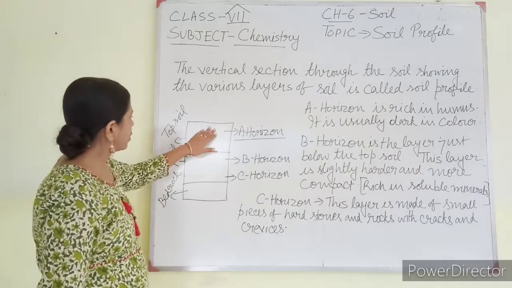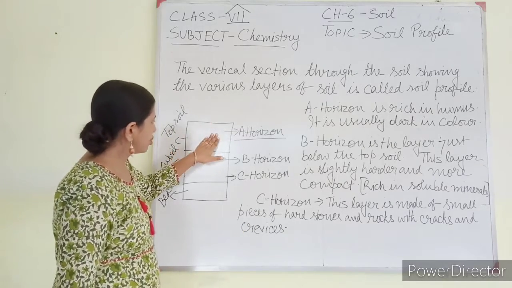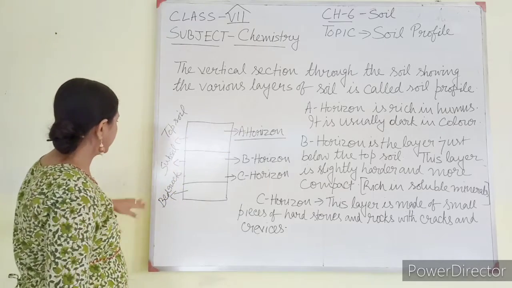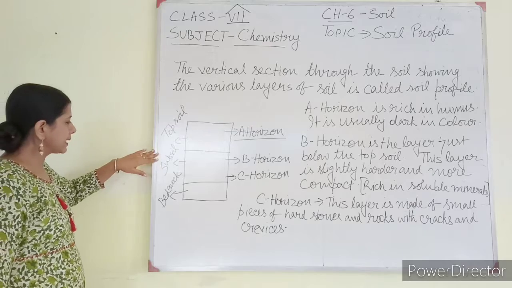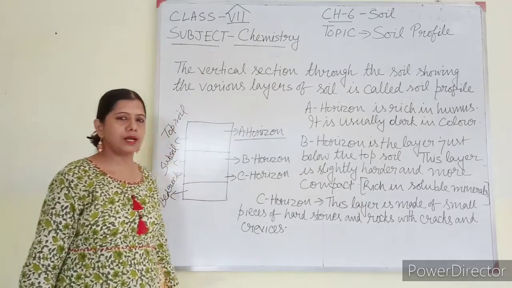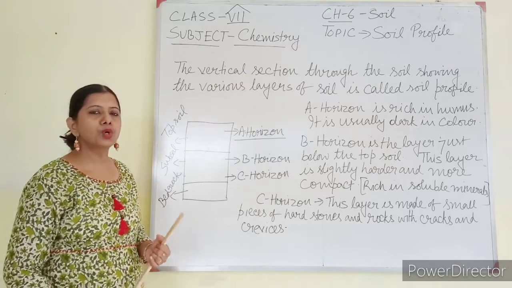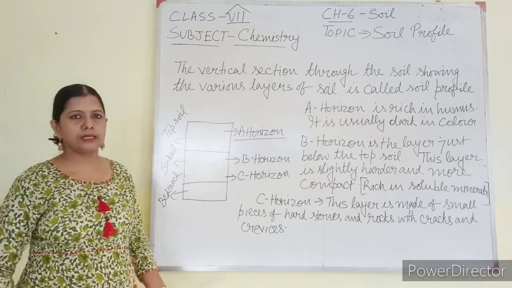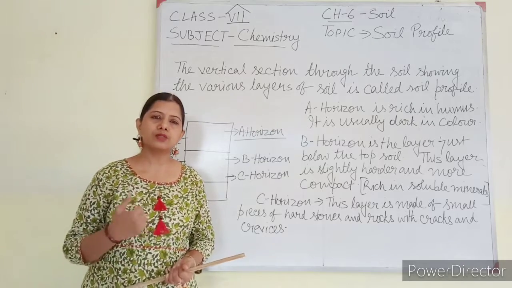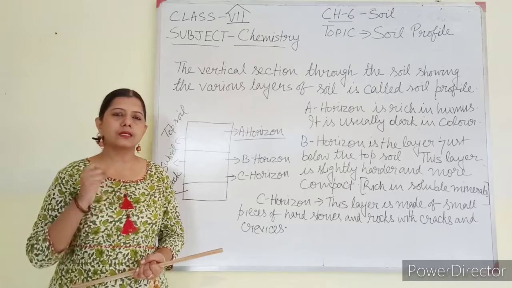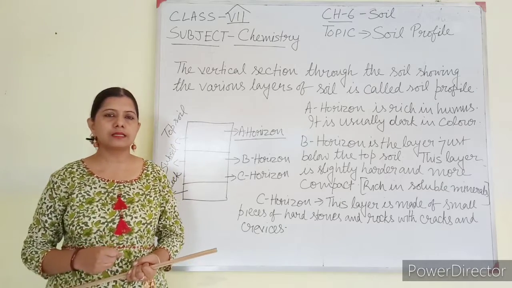Okay. The topmost layer is also known as A horizon. The second layer, that is subsoil, can be divided into two parts, B horizon and C horizon. Although in your book it is written that B horizon is known as subsoil, the main part of subsoil is known as B horizon, but below B horizon there is a portion called C horizon.